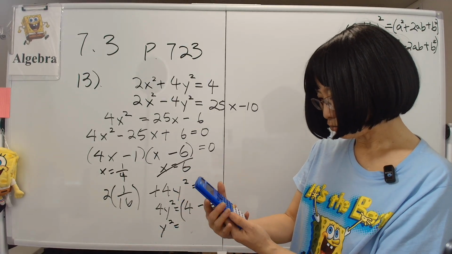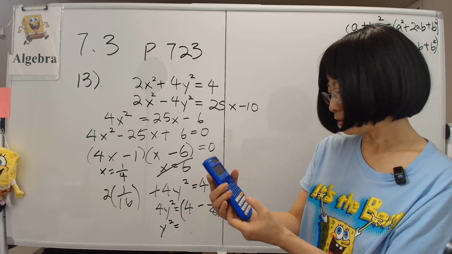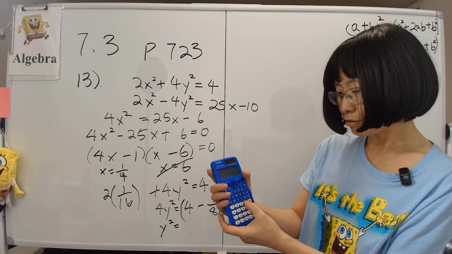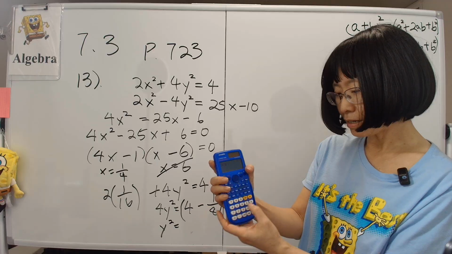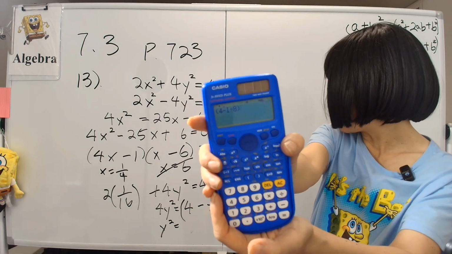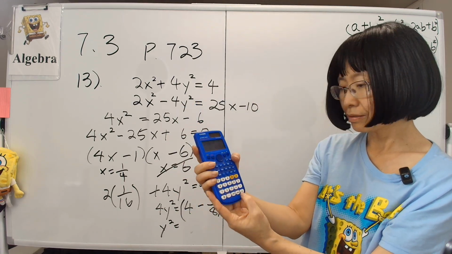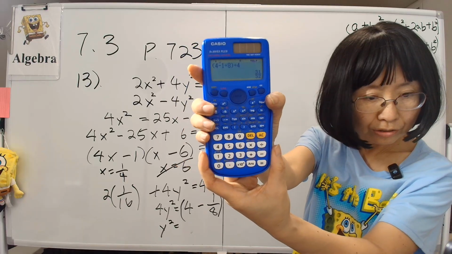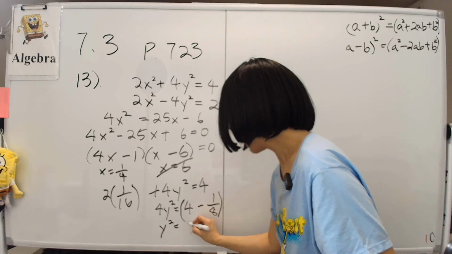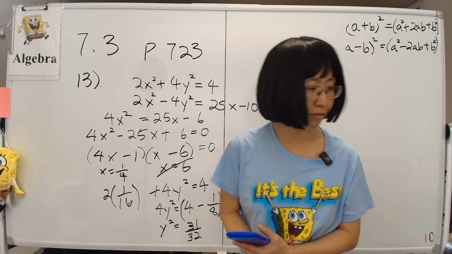So we have 4 minus 1 divided by 8, all in parentheses, and then divided by 4, all right? That equals 31 over 32. Okay, so that way y squared equals 31 over 32. And then y is the square root of that.